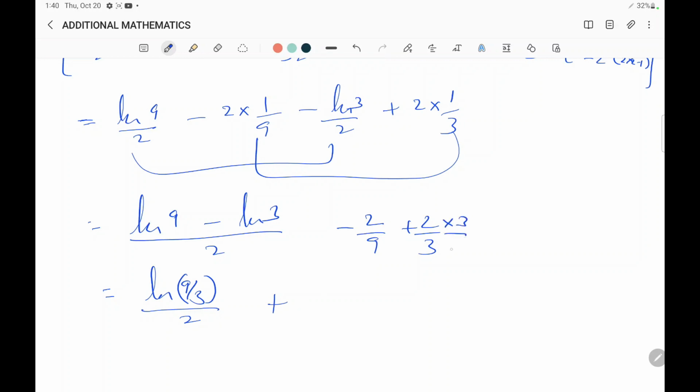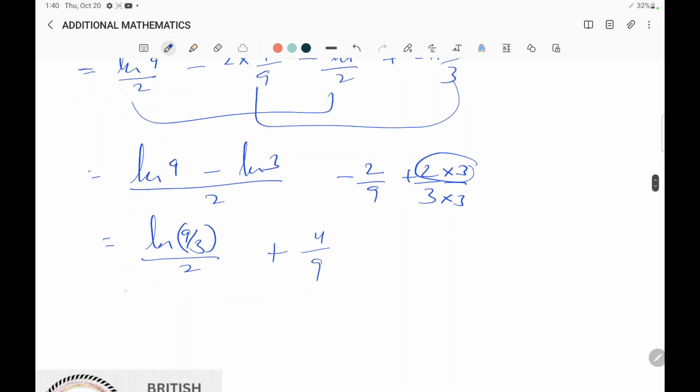Can we write 3 and 3? 2 times 3 is 6, 6 minus 2 is 4. So 4 by 9. And this is ln 3 over 2, ln 3 over 2 plus 4 by 9. So this can be your answer.